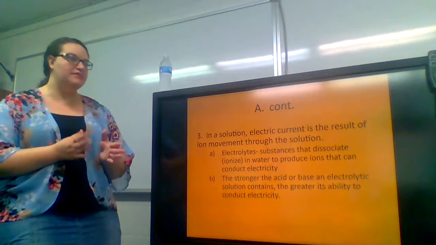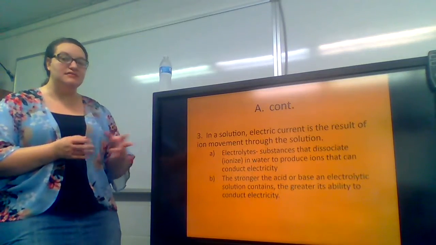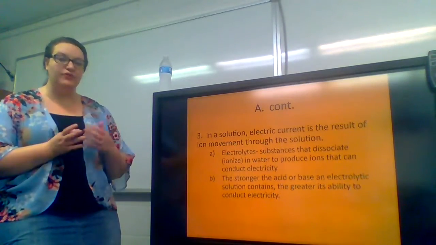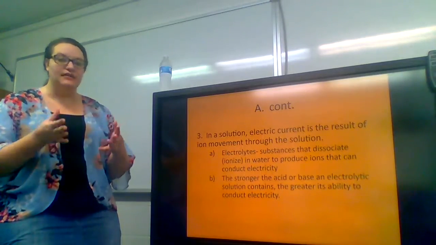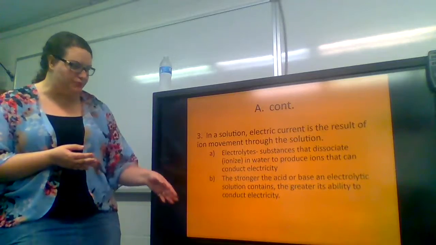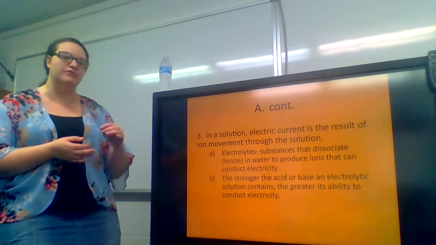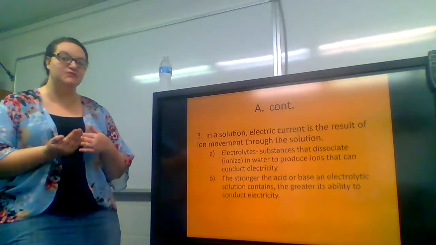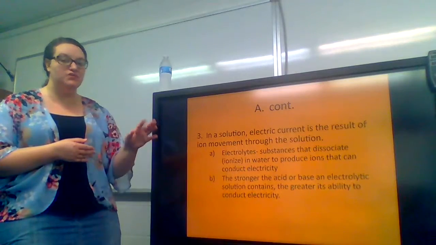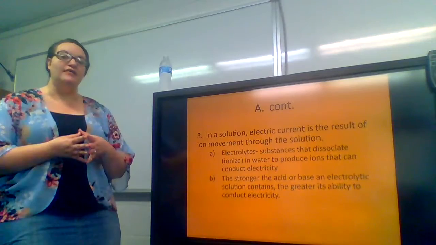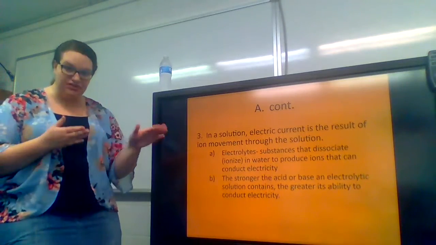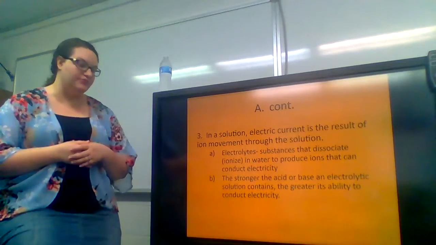So what happens is these ions, they dissociate, they break apart from one another, and that breaking apart allows an electric current to be produced, or to be conducted, not produced. Okay, the electric current is produced from an outside source, but when the ions dissociate inside the aqueous solution, when they break apart, it allows for the conduction of electricity through that solution.